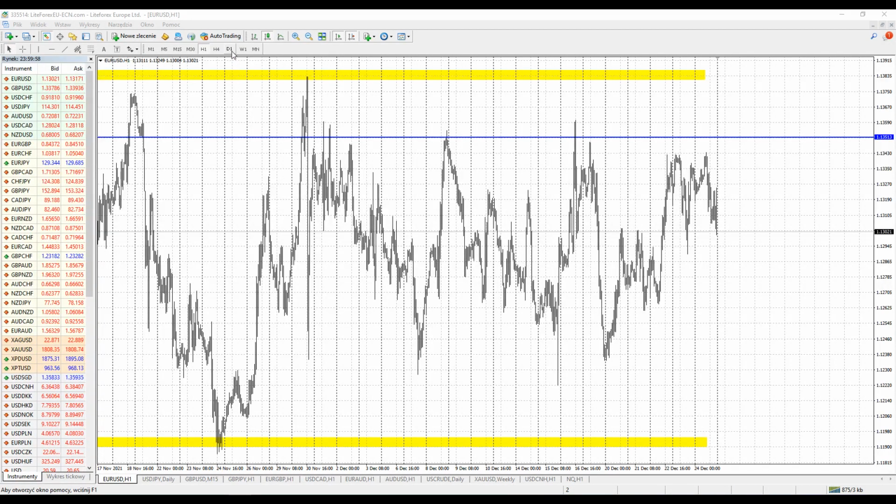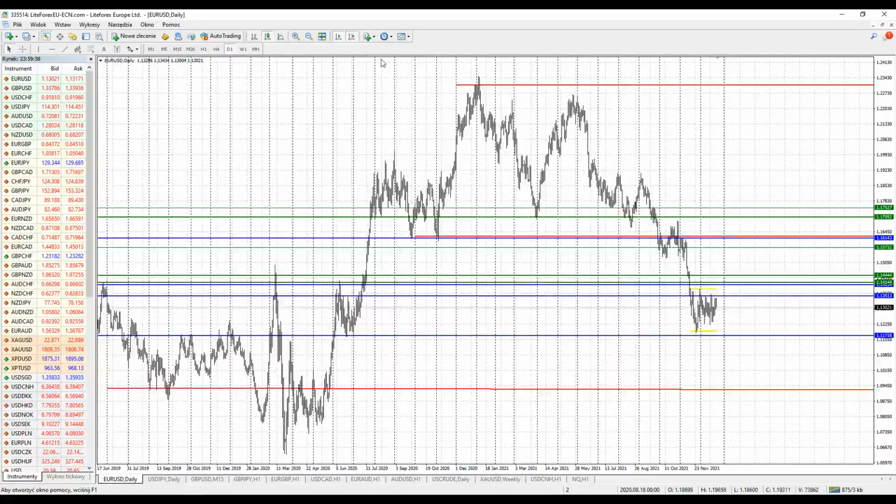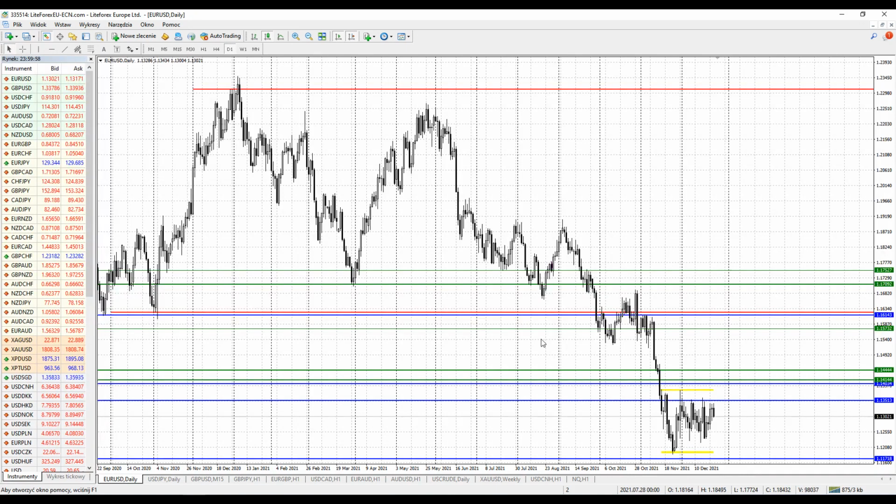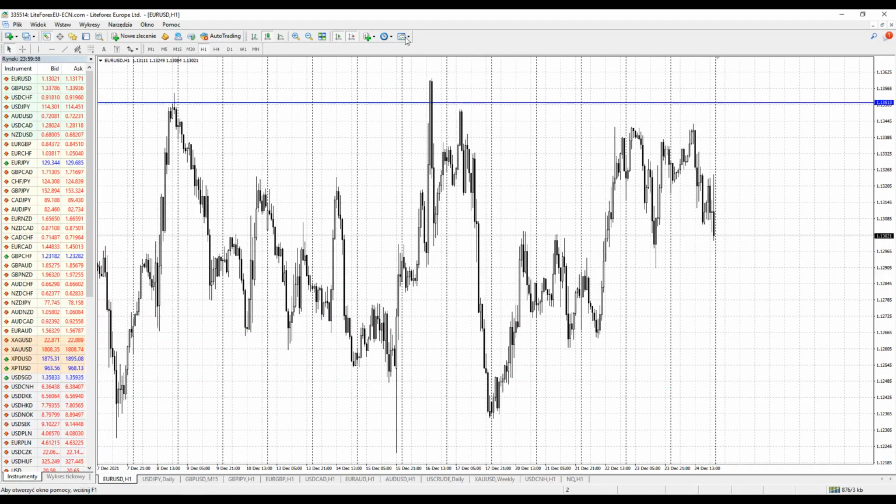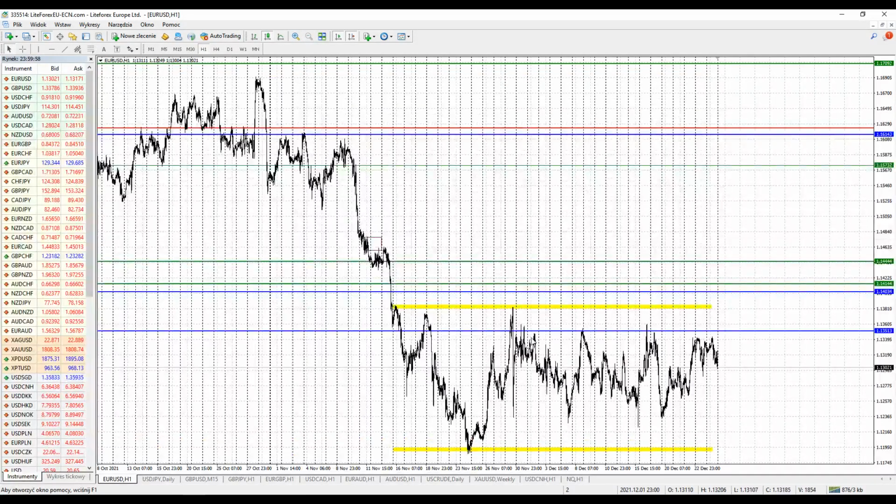If you do remember, we recognized some levels on the euro dollar some time ago, in one of the analyses. So as you can see here, taking into consideration the left side of the chart, we created this blue line around 1350, all right? Then switching lower, we were trying to recognize where we are. For me, based on the horizontal lines, the confluence from the higher time frame to the lower works very well.